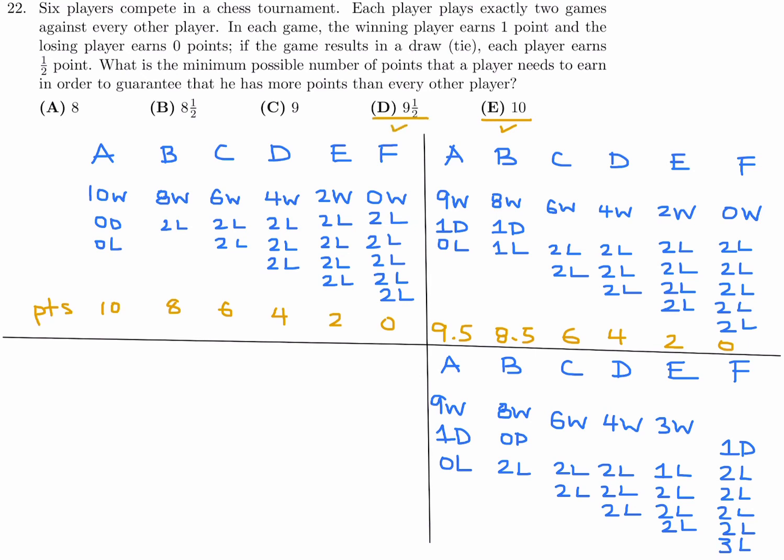So now we have to see about 9. Now let's see with 9, A, B, C, D, E, and F. Okay, the only way to get 9 points, or one way to get 9 points, is to have 8 wins and 2 draws.